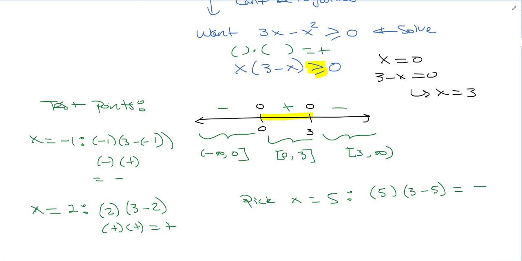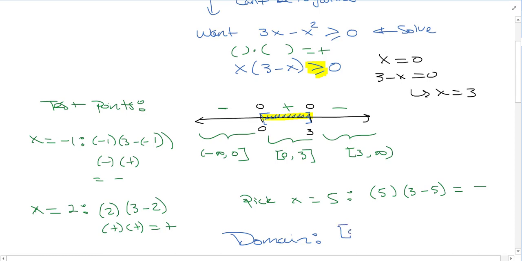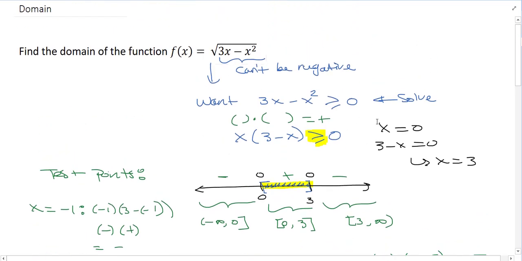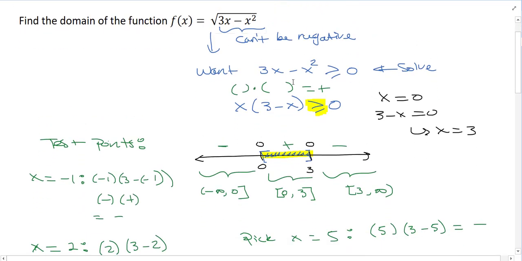So our solution, or the domain for this function, will be the interval from 0, shade all that, all the way to 3. So we can say the domain is the interval from 0 included to 3 included. That's how you solve a domain problem like this.